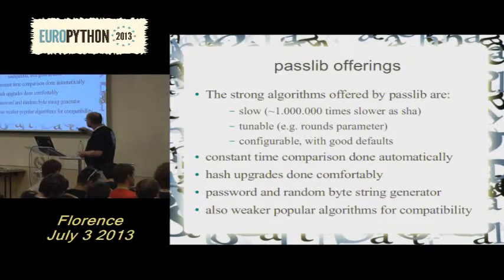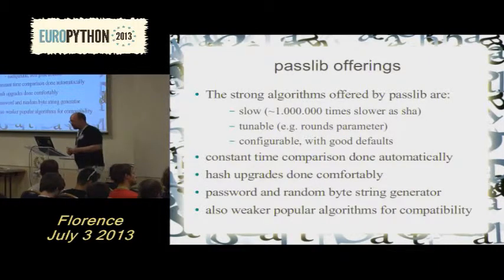Aside from storing and verifying passwords, it also has some random functions in it, and it also has weaker older functions if you need some sort of compatibility. And in the documentation there is usually a red sign if the algorithm is too weak.